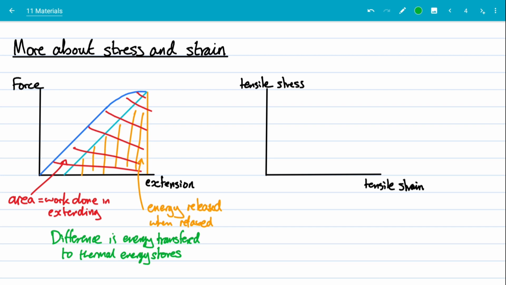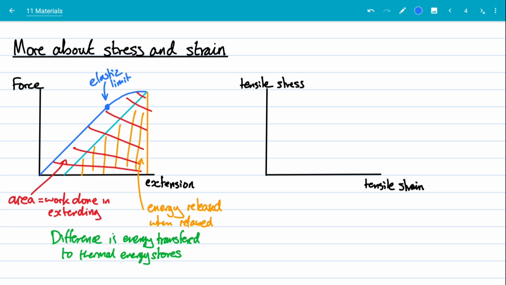So we do a certain amount of work to load up, and then when we unload it, because we've gone past that elastic limit, which remember doesn't have to be exactly the same place as the limit of proportionality, because we've got an extension that's exceeded the elastic limit, we get less energy out, energy has been transferred.